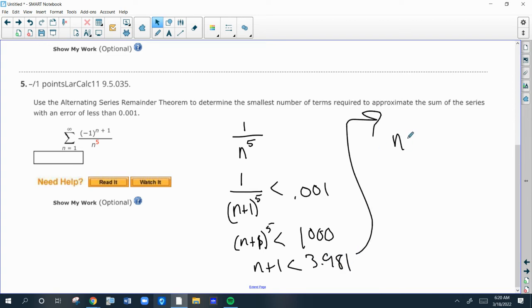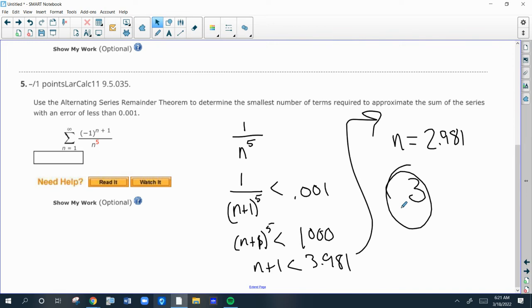And then subtract 1, and that will give us the number of terms we need. And that is 2.981. So we need only 2.981 terms. So I guess you can't have 2.981. 2 is not going to be enough. So we'll have to call it 3. Hopefully that made sense.